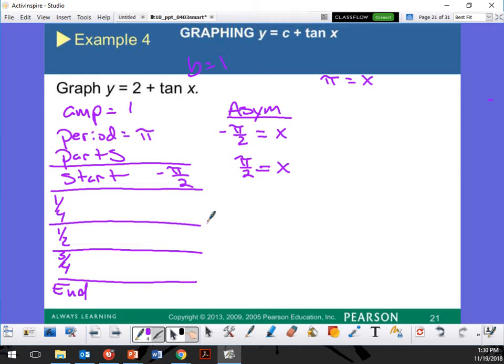Now, what do I have to do next? Oh, yeah, I'm going to find x. Very good. But how do I find x? 1/4 times period, which is pi, plus start, which is negative pi over 2. Very good. Now please do that.